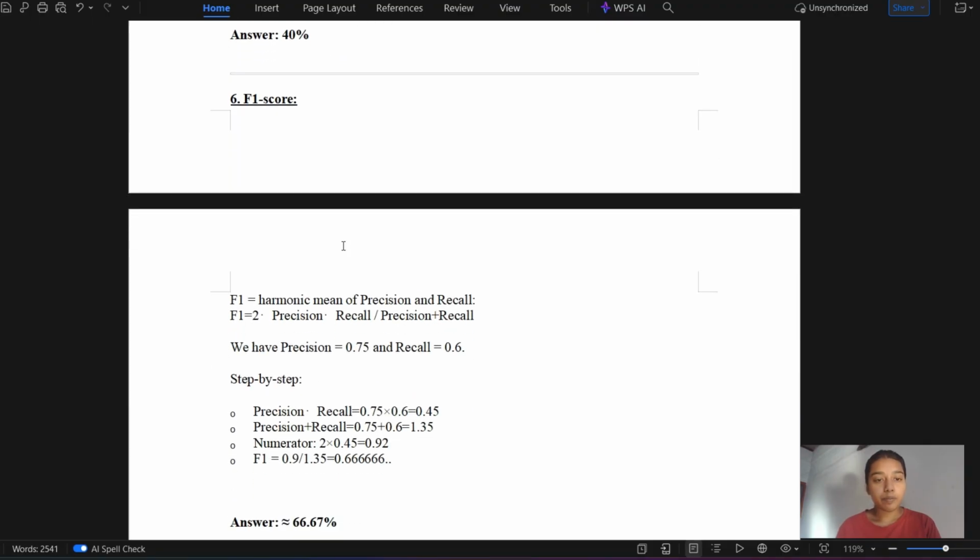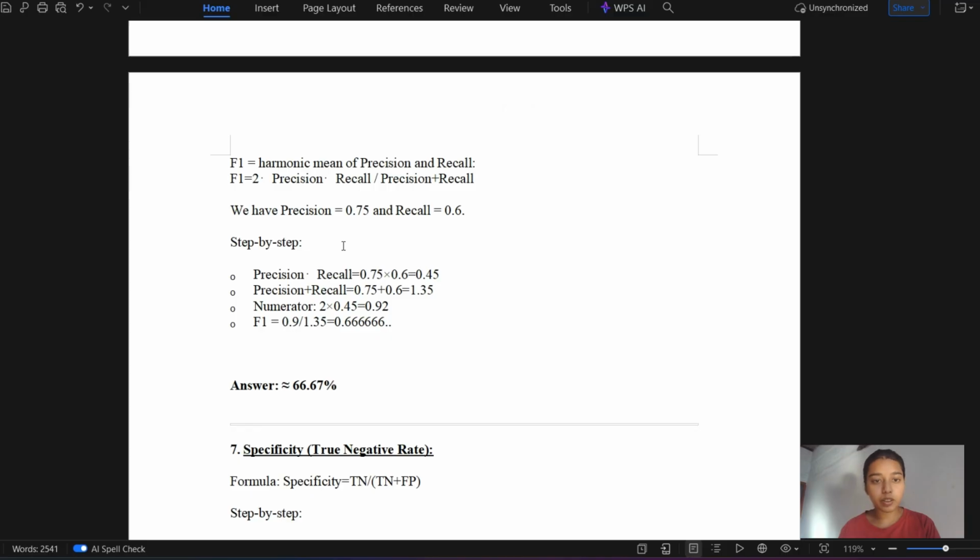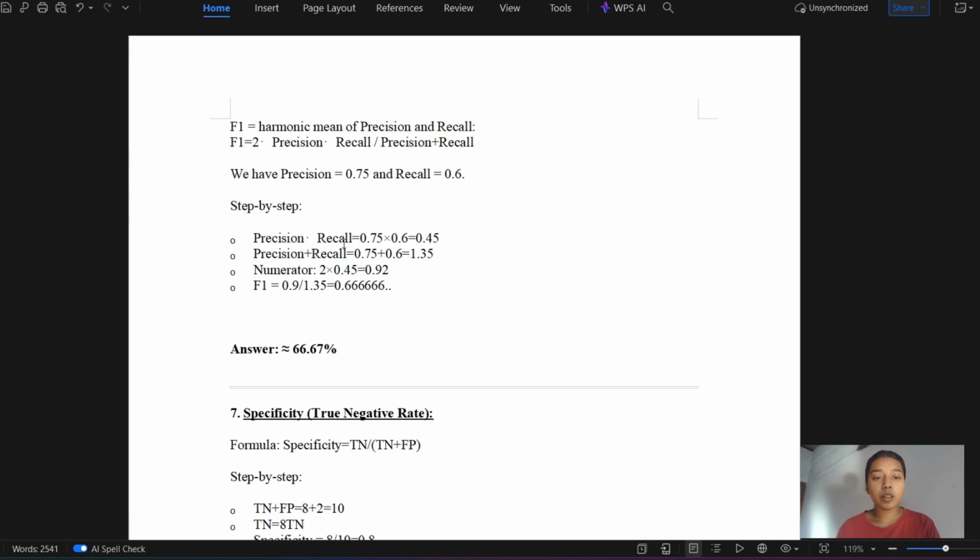To calculate F1 score, F1 equals the harmonic mean of precision and recall. F1 equals 2 into precision into recall divided by precision plus recall. We have precision equals 0.75 and recall equals 0.6. Precision into recall equals 0.75 into 0.6, that is 0.45.